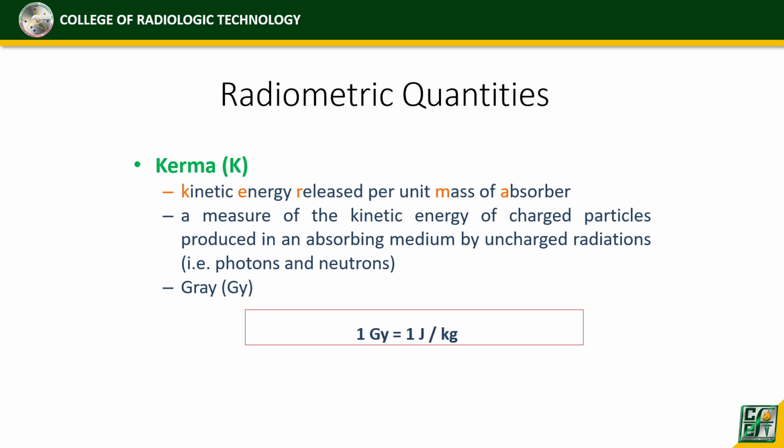So siya ay measure ng kinetic energy of charged particles produced in absorbing medium by uncharged radiation. So example ay photons and neutrons. At ang kanyang unit is gray. Okay. And 1 gray is equivalent to 1 joule per kilogram.